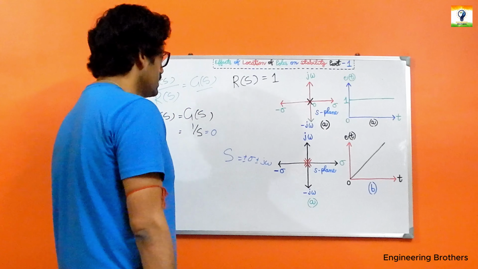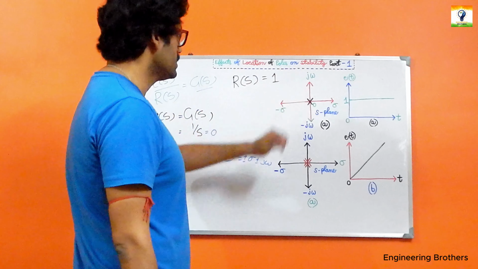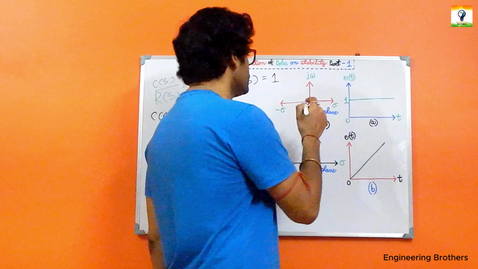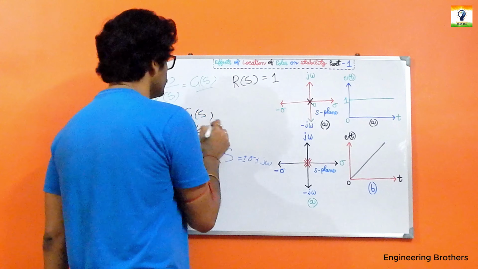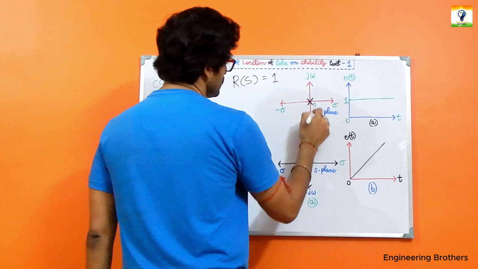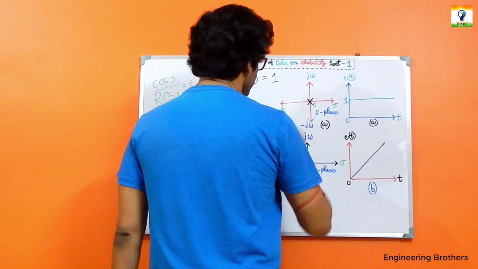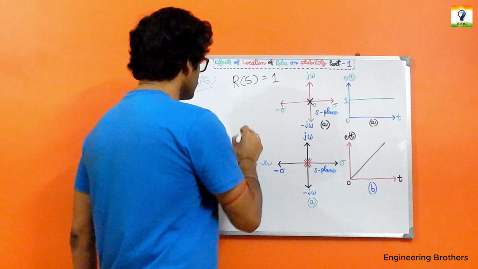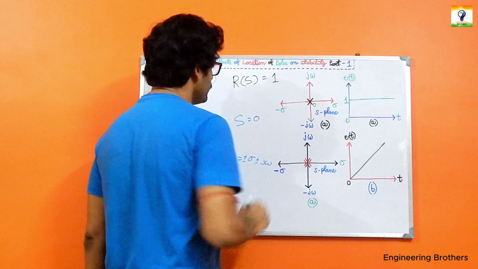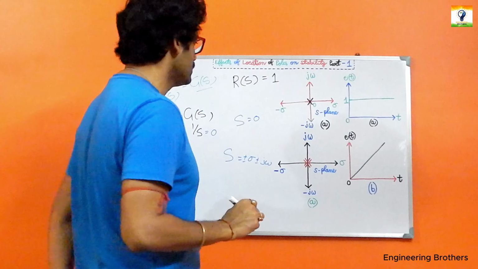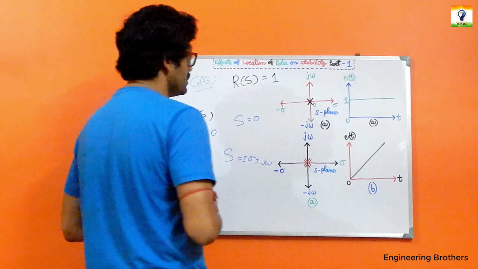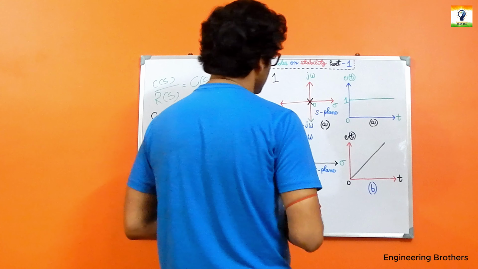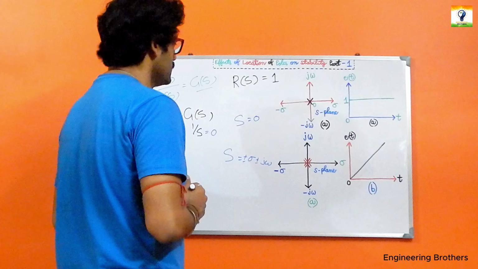In this s plane we have considered s equal to 0 and put that at the origin. The solution in this case will be s equal to 0. Now if we put that in our s plane, we say that the pole is placed at the origin of our s plane.